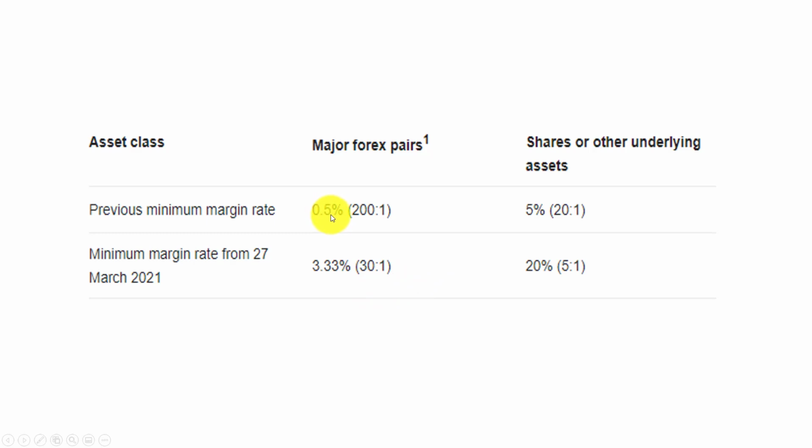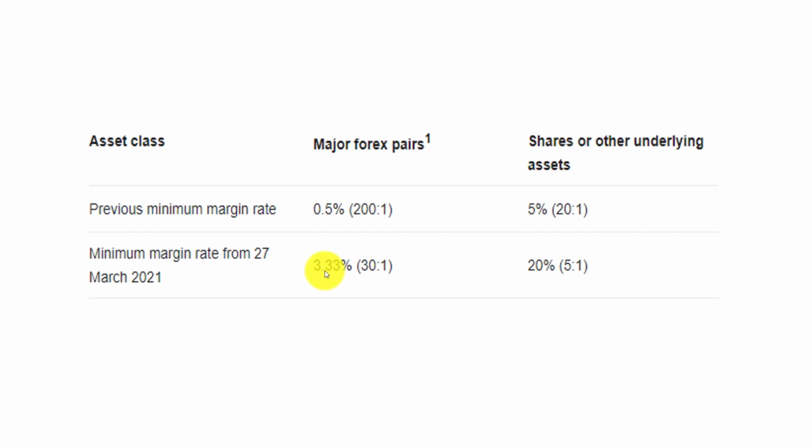That means the margin has increased from you having to put down 0.5% of the currency package that you're trading to you now having to put just over 3% in as margin. And I'll show you an example of where you can see what the margin involved is.